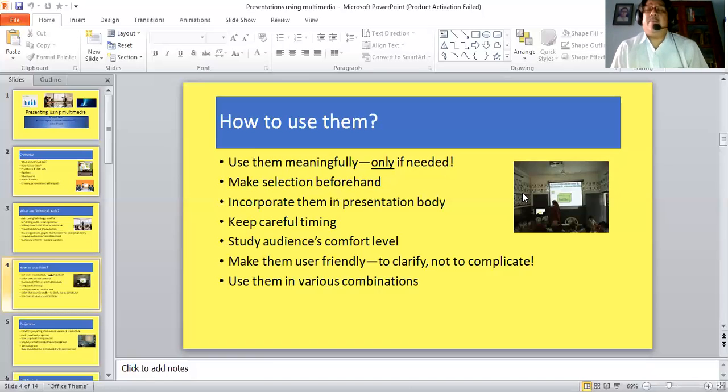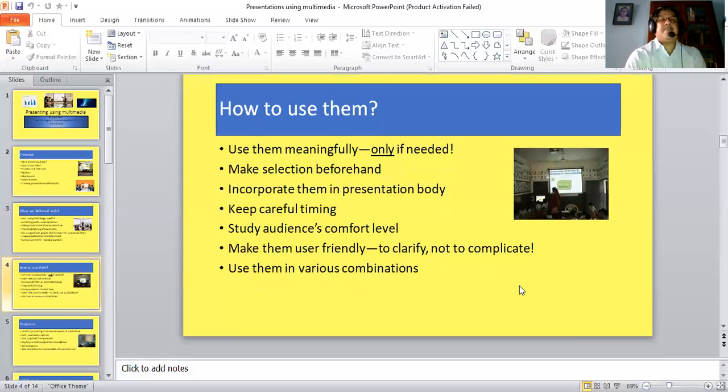If you are using the smartboard, you can combine the smartboard with a bit of writing on an ordinary board or an ordinary whiteboard, or writing something on a flip chart, or an activity involving exchanges of pieces of paper or any other kind of traditional methods. So you can combine the traditional and innovatively modern methods of the 21st century using digital media in various ways to make your presentation more interesting and engaging to the members of the audience.